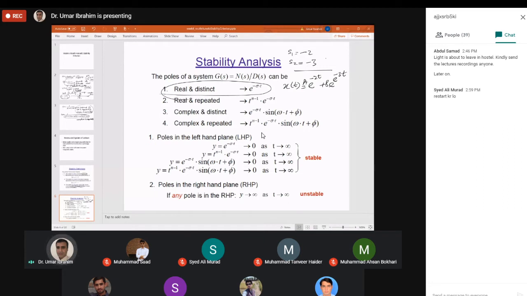You can see as t approaches infinity, these two terms approach 0. Therefore, x of t approaches 0 as t approaches infinity. So this system is stable.